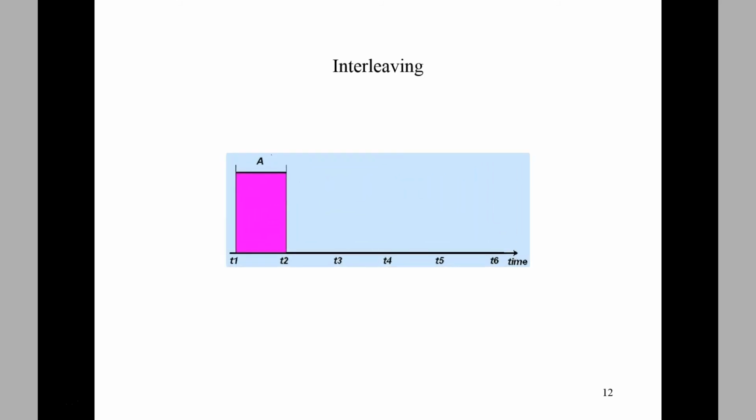What happens is transaction A at time t1 will get a little slice of the CPU and execute and do a bit of its work. It will then be interrupted and suspended, at which time transaction B would be allowed to operate for some period of time. Again, B will be interrupted and suspended, and A will be resumed. A again will be interrupted and suspended, and B will resume, and A will resume, and so on.